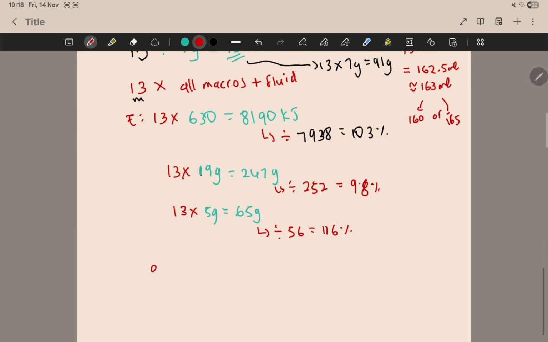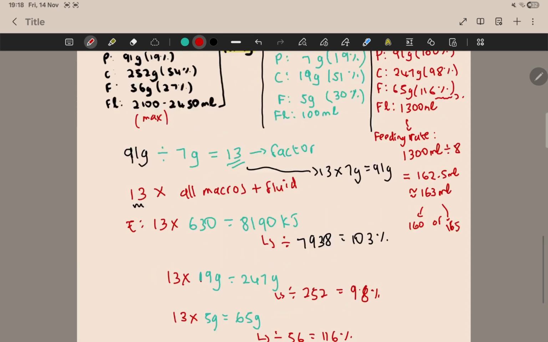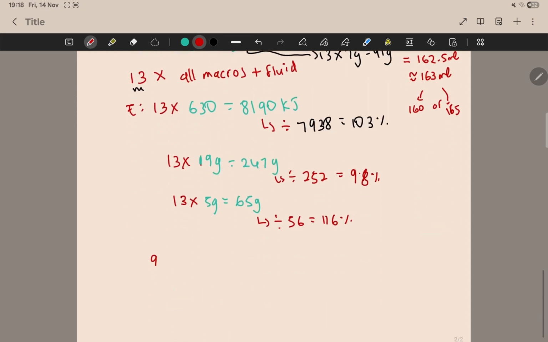So you say, in order for the fat to meet within the requirements, okay? Instead of meeting 100% of protein, we're now doing 95%. You look at how much 95% of that requirement is. It's 86.45. We're just going to do 86 grams.